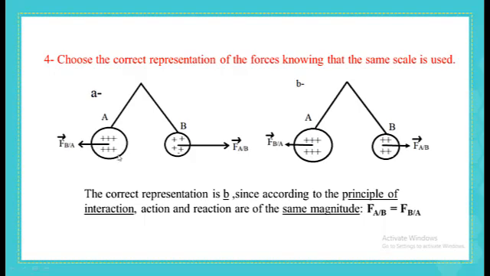Don't be tricked by the big size of A. So you assume that A is exerting a bigger or stronger force, so the vector should be longer. This is false. And the right figure is figure B.